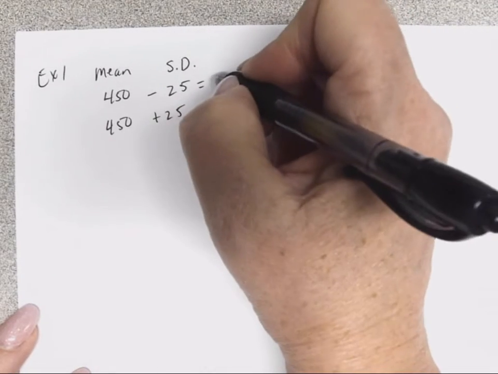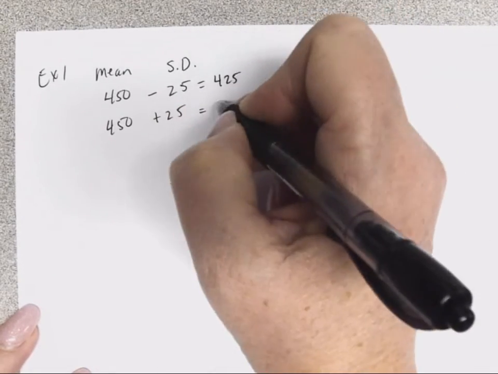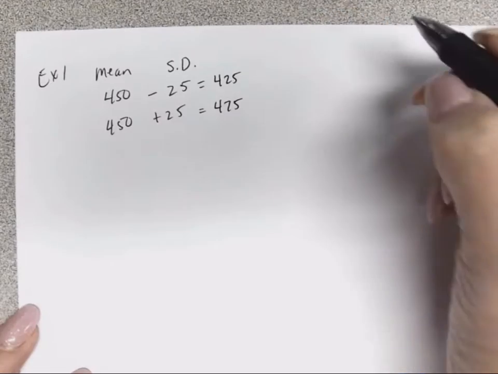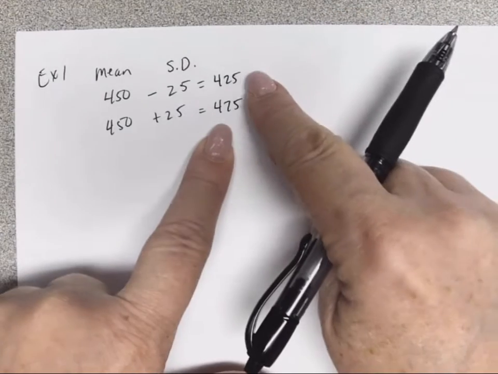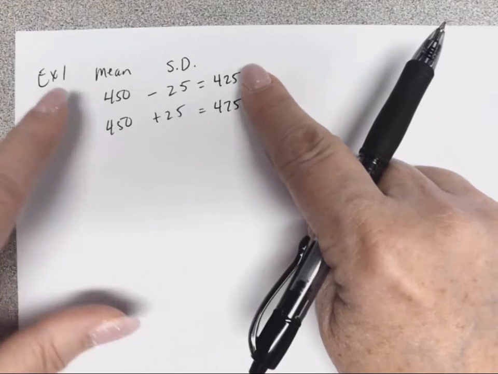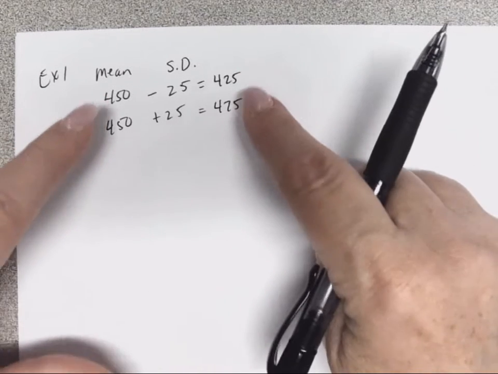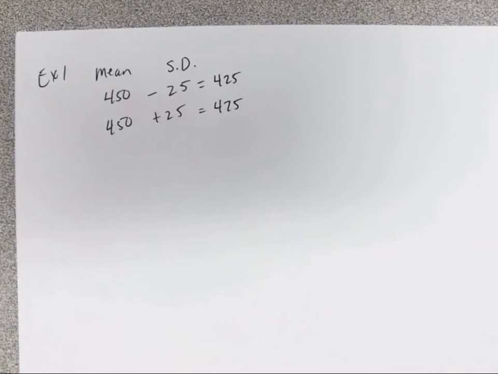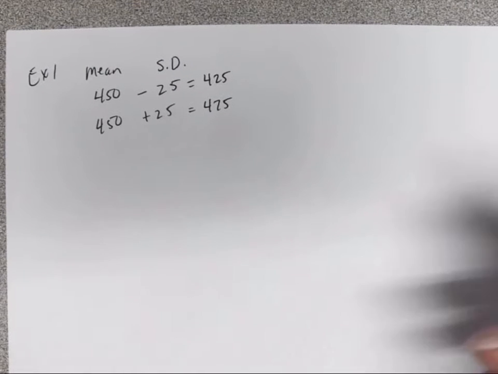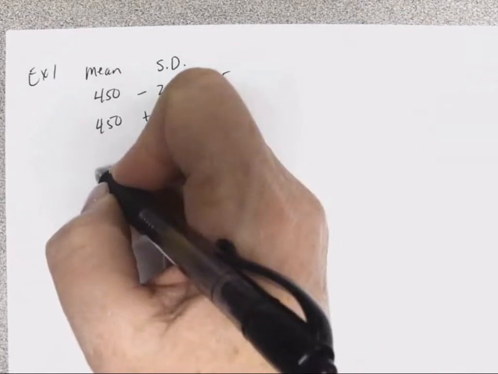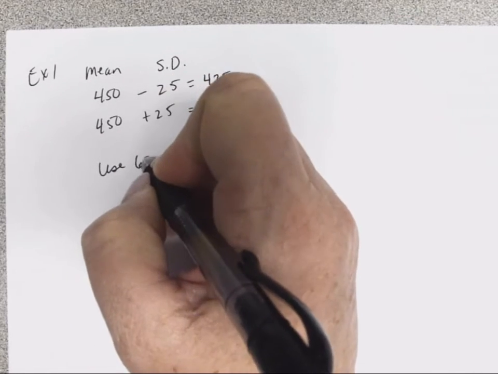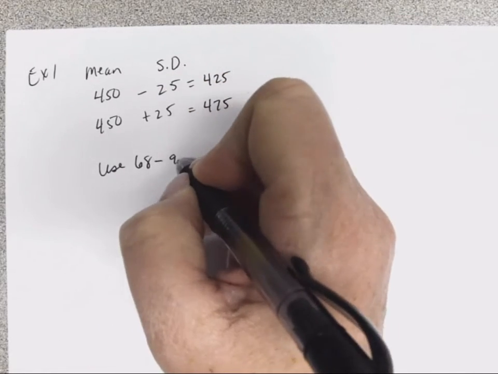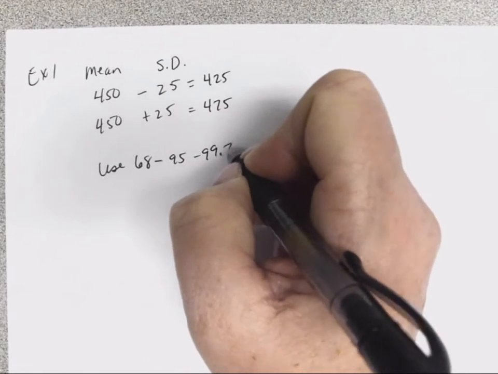So what that does is it gets us the range. This is the range of data that is 1 standard deviation below and 1 standard deviation above our mean on our curve. So that tells us that it's a certain percentage. We're going to use that 68, 95, 99.7 rule.